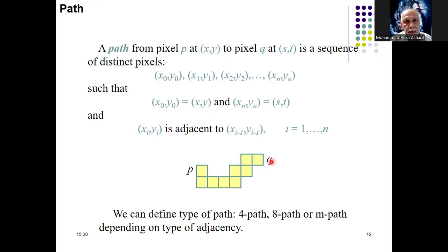This is, for instance, a robot wanting to use a path from P to Q. We can define the type of path, 4-path, 8-path, or M-path, depending on the type of adjacency.